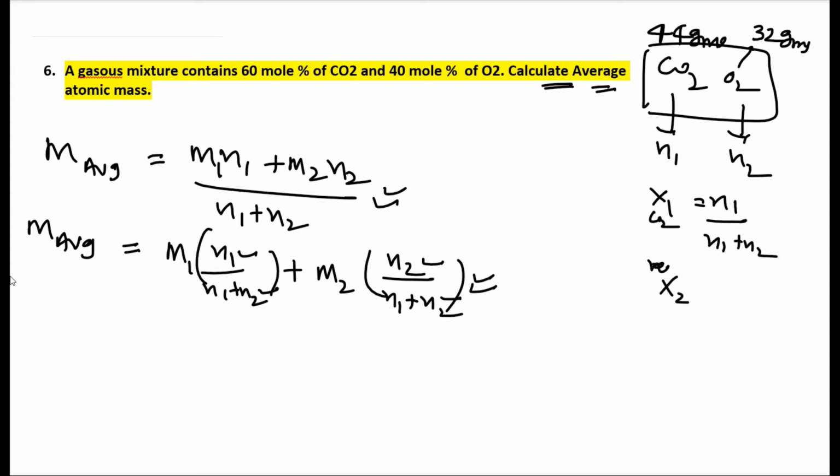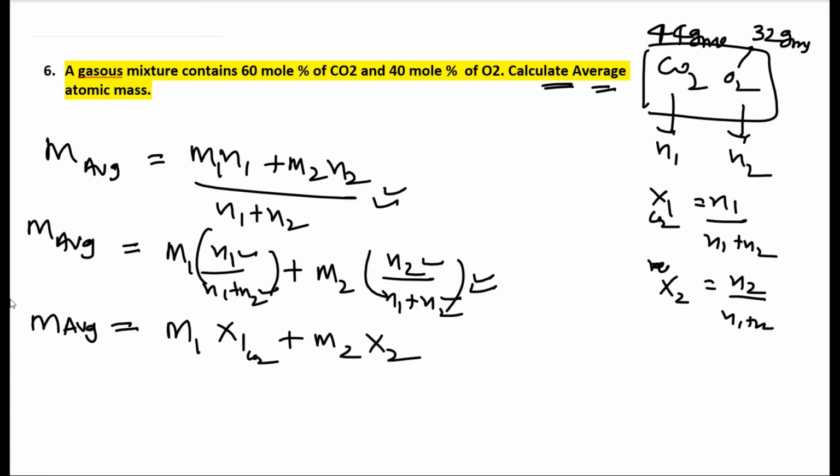So here the new formula comes for average atomic mass. Please observe M1 X1, where X1 is CO2, plus M2 X2. Is it clear? Very simple. This is one of the new formulas for the average atomic mass.